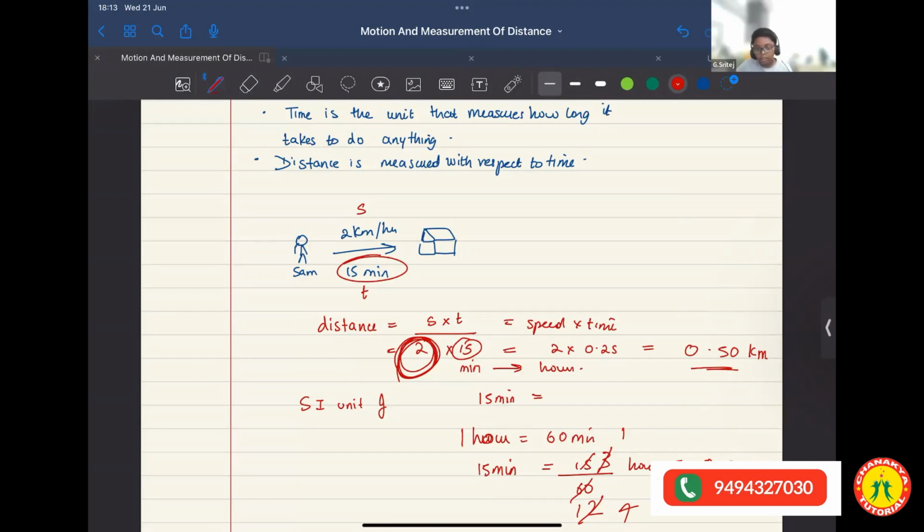Ma'am, can you write down the SI units of the three distance, time? Yeah, sure.